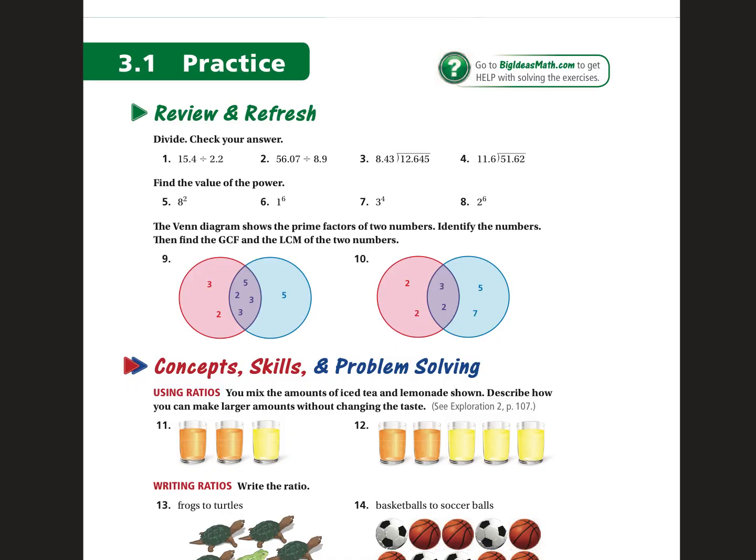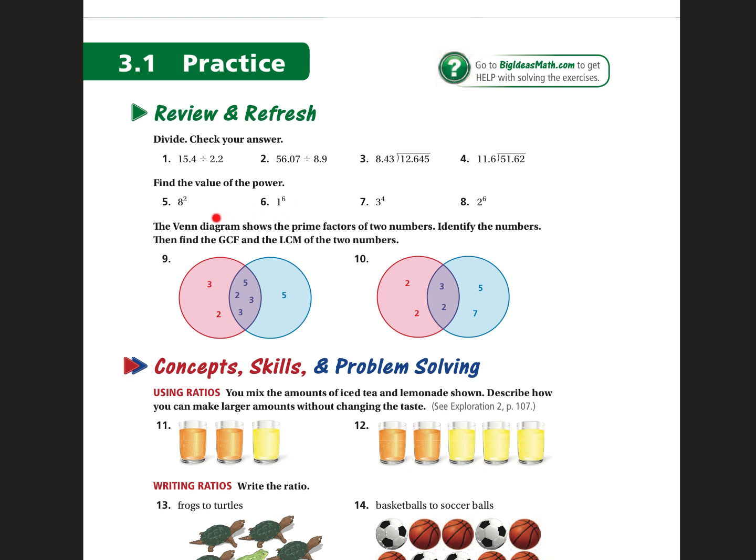So when we start working with these problems for lesson 3.1, you're going to start off with a quick refresher on all of this stuff from the past. So dividing with decimals. If you need practice with that, remember, go to my YouTube and you can look at past videos to help you if you don't remember, or obviously I'm in the class to help as well.